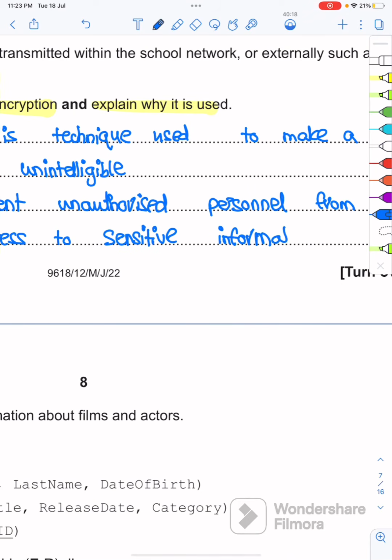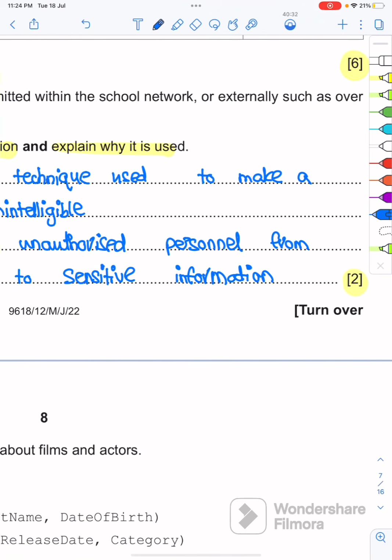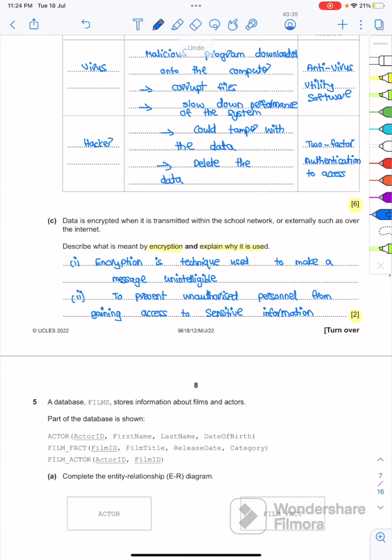And the specifics behind how this process works is something you learn in your A2 level for your paper 3 theory, the workings behind how data is encrypted in the security chapter. But for AS, you should just be familiar that encryption is a technique used to make a message unintelligible or nigh on impossible to decipher, and it's pretty much used when you're communicating through apps like WhatsApp.